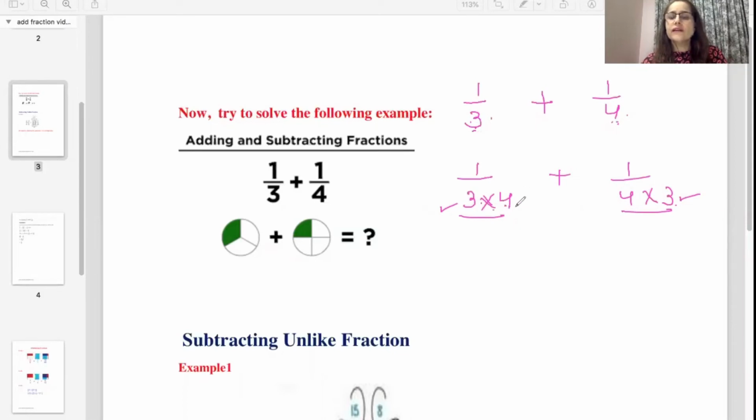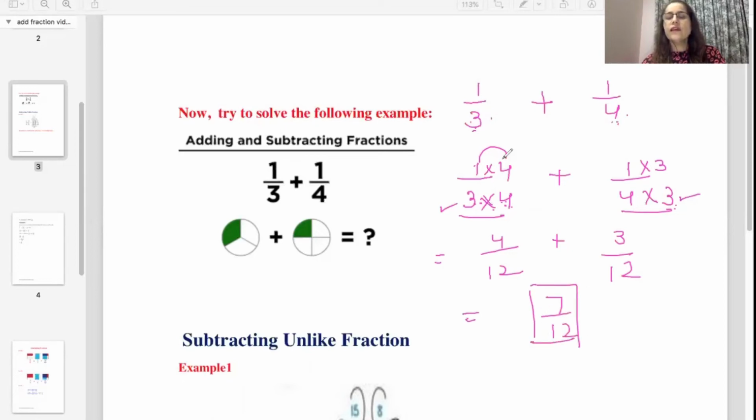So what is our next step? When we are multiplying the denominator by 4, the numerator should also be multiplied by 4 here, and here this denominator will be multiplied by 3. So what are we getting here? 4 by 12 plus 3 by 12, which is equal to 7 by 12.